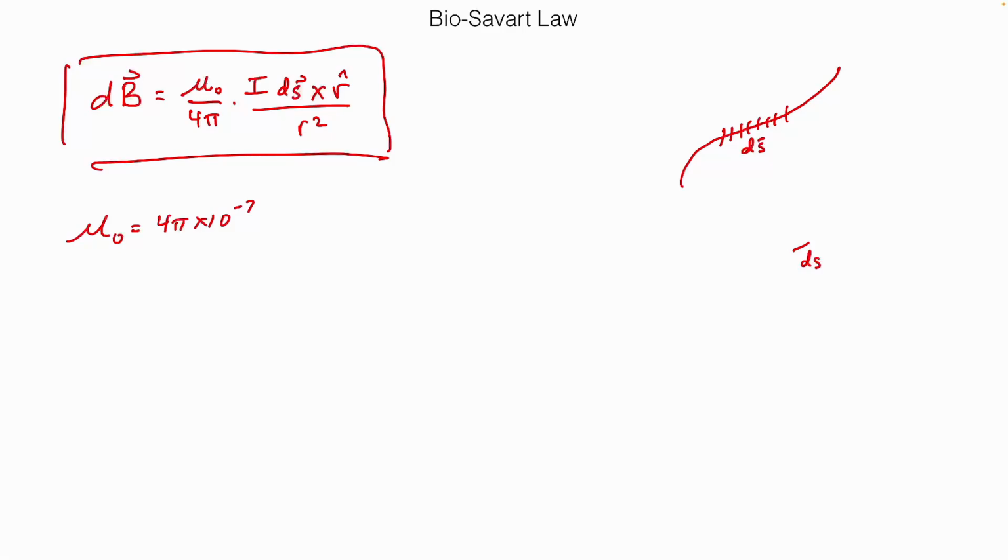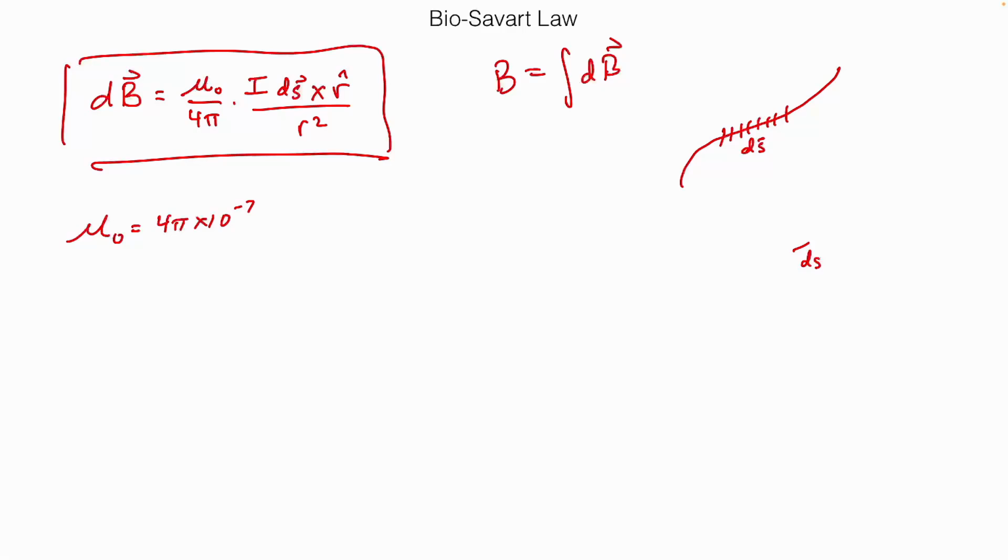What's r hat? What's r? What are we trying to find? What are we after here? Magnetic field. Where?